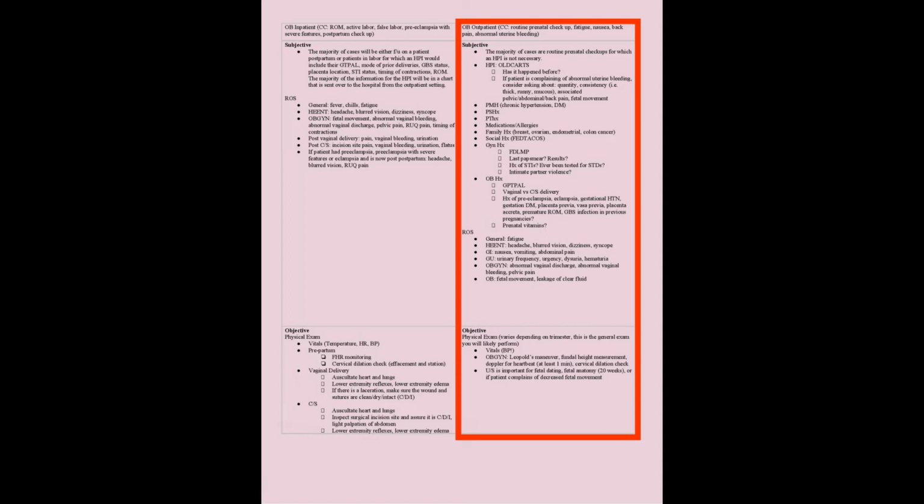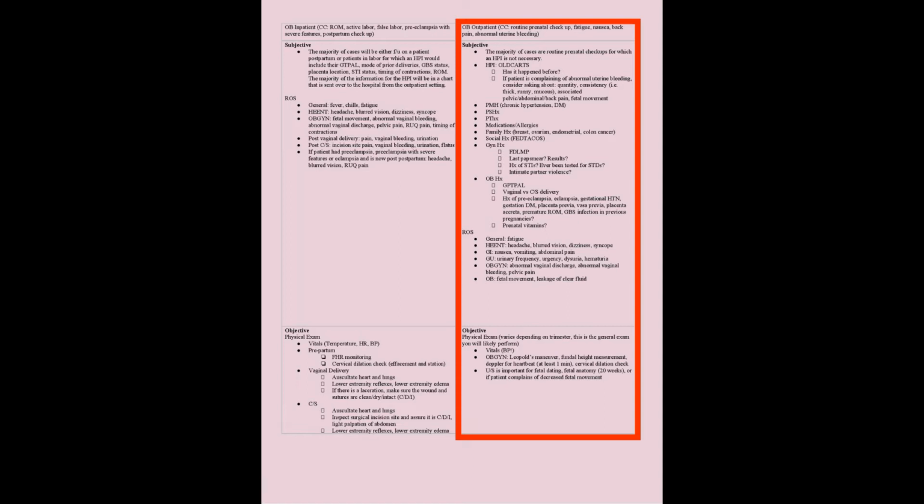Other important things to ask specifically are if they've had a history of preeclampsia, eclampsia, gestational hypertension, gestational diabetes, the different types of placenta previa and accreta, as well as vasa previa, and if they had premature rupture of membranes previously, or a GBS infection within a prior pregnancy. And lastly, in the OB history, ask if they're on prenatal vitamins. That's extremely important, and you need to make sure that you ask that at every visit.